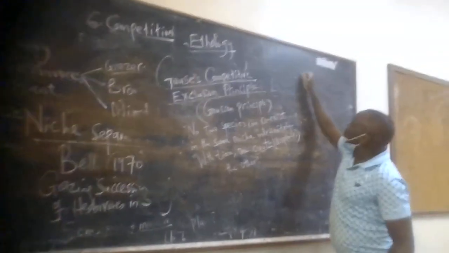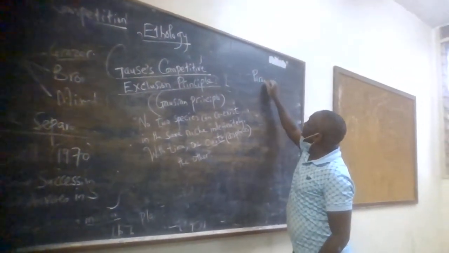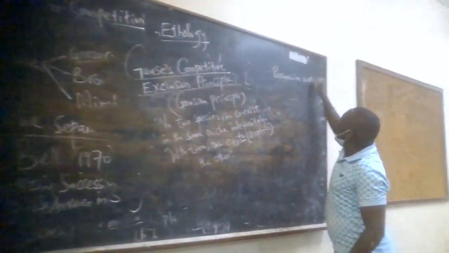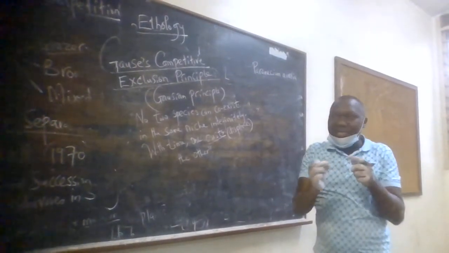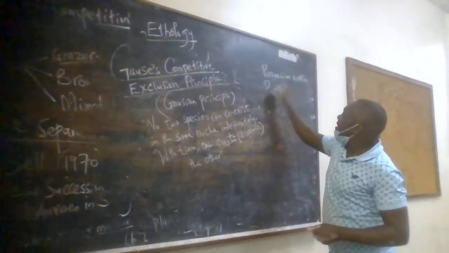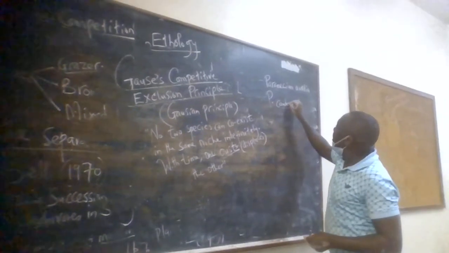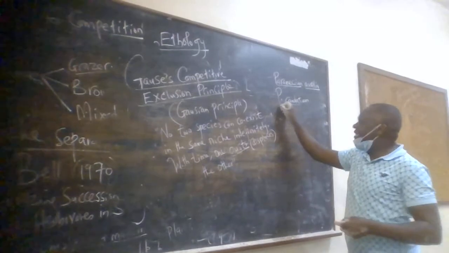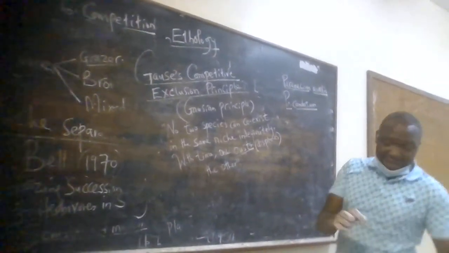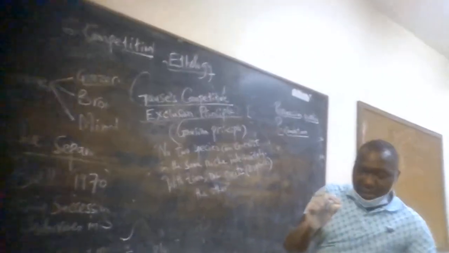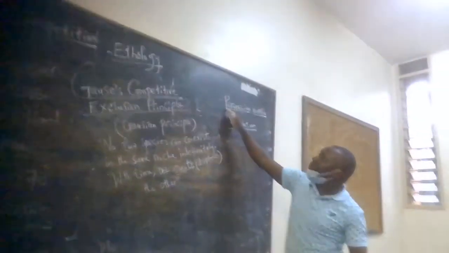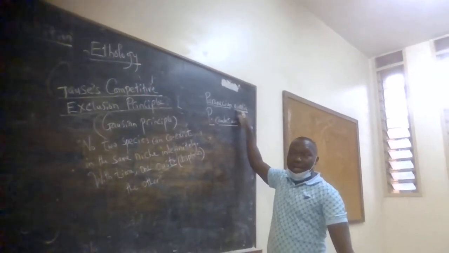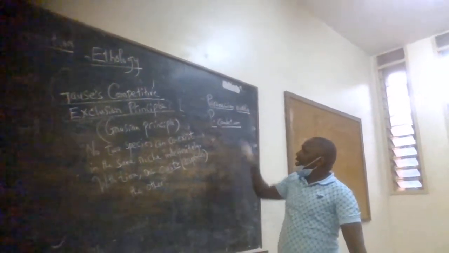He studied Paramecium aurelia, which was cultured on a certain medium, and then another species known as Paramecium caudatum. These big scientific names are always underlined, and the generic name should always begin with a capital letter, the species name with a small letter or lowercase.